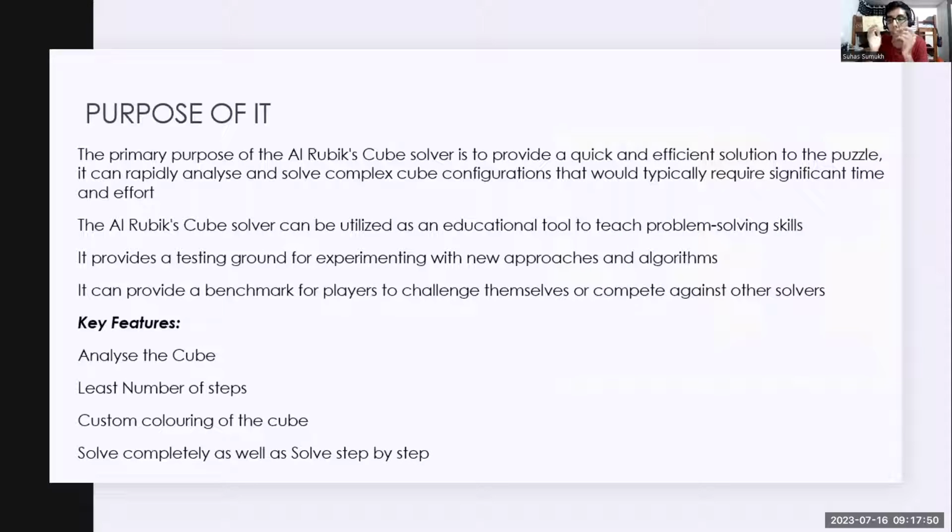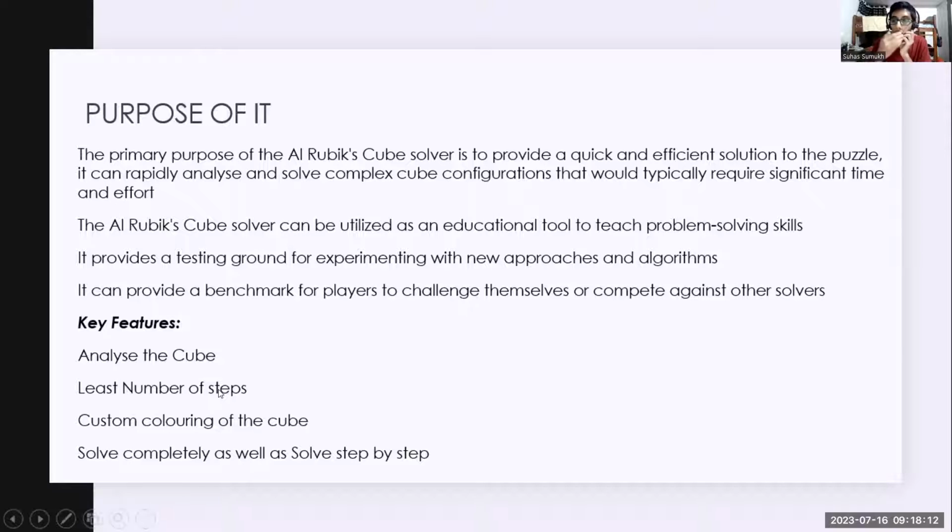So why did I do this? It was for research. It can be helpful for education. It can even be helpful for approaching new algorithms in the AI infrastructure for further experimenting with them. So these are the key features here.